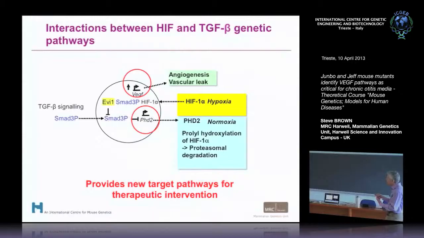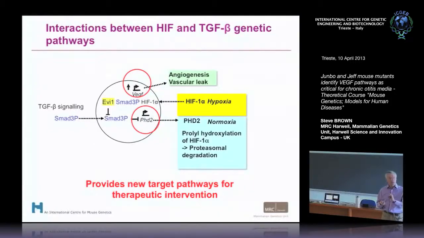But to go back to our model of how this is happening in terms of the molecular pathways, it immediately became clear to us that this provides some new target pathways for therapeutic intervention. Because in fact, the VEGF and Vegf receptors, which are a key component of this runaway chronic inflammation, are well-known targets for a variety of cancer drugs.